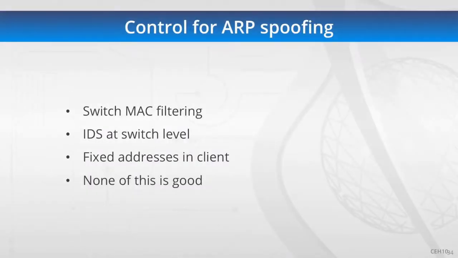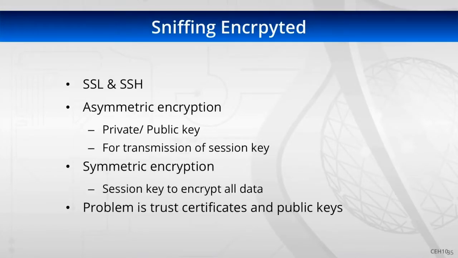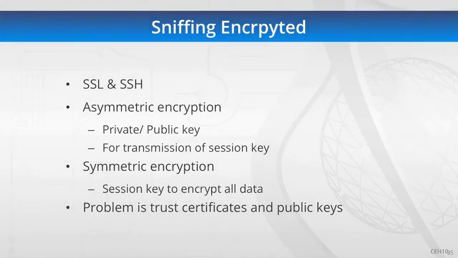Dangerous thing to do, but sometimes that's appropriate. None of this stuff is good, but it's what people do to protect themselves. Now, if this conversation going back and forth between the two of them was encrypted, I could redirect it to myself and not be able to examine it, and I'd pass it on.